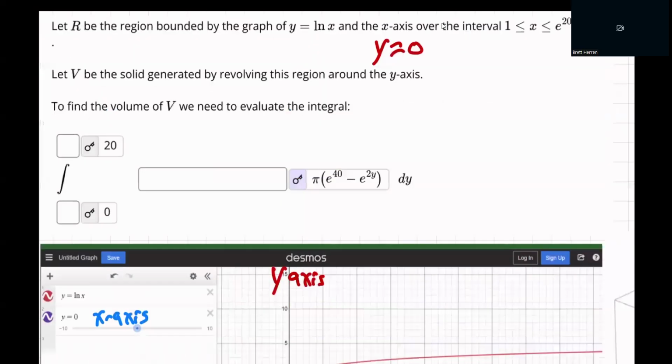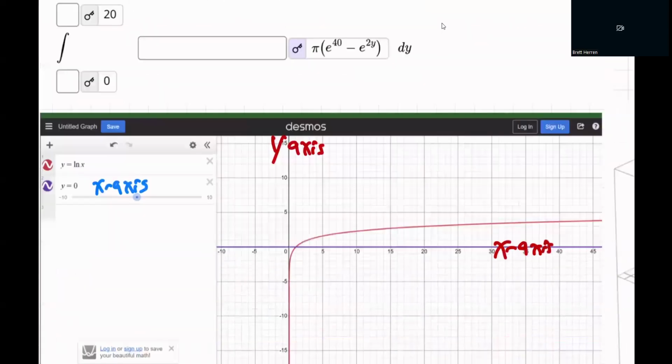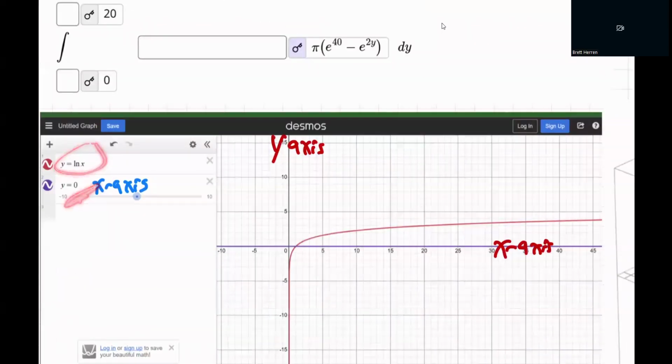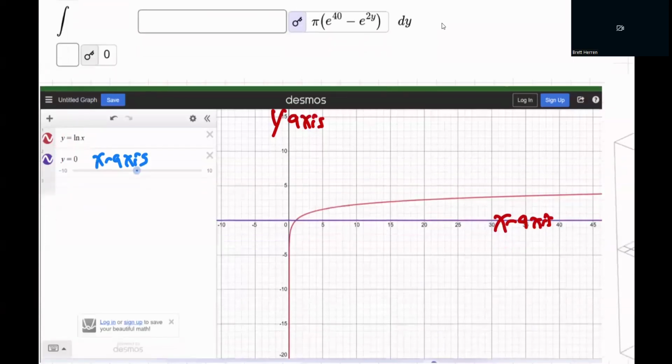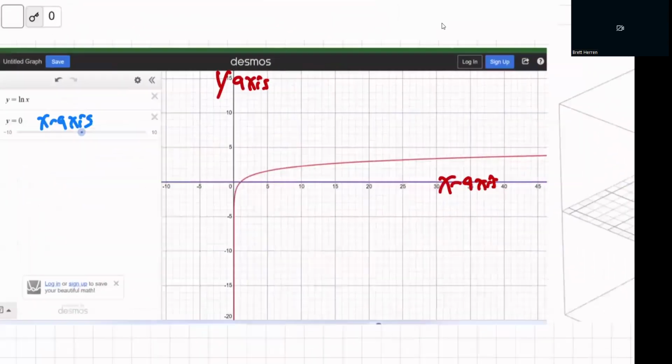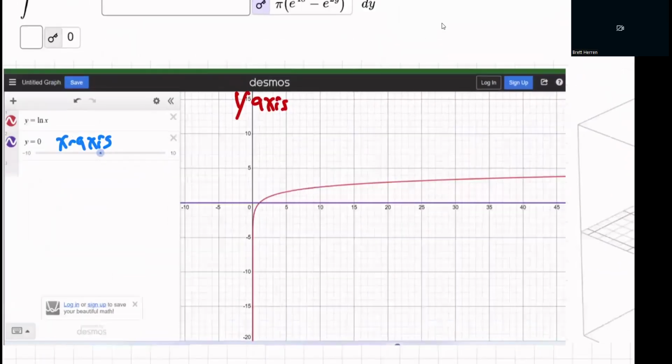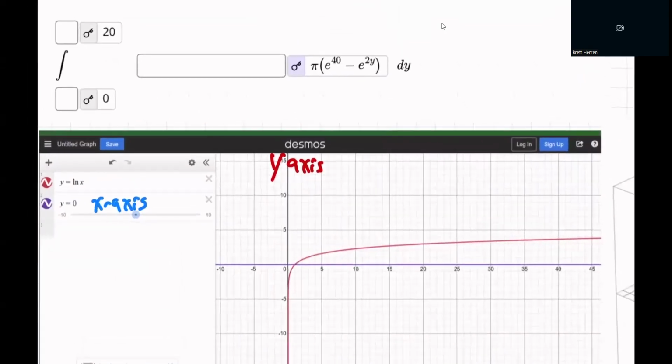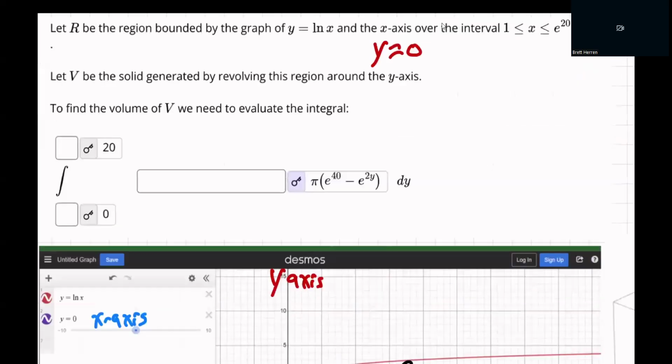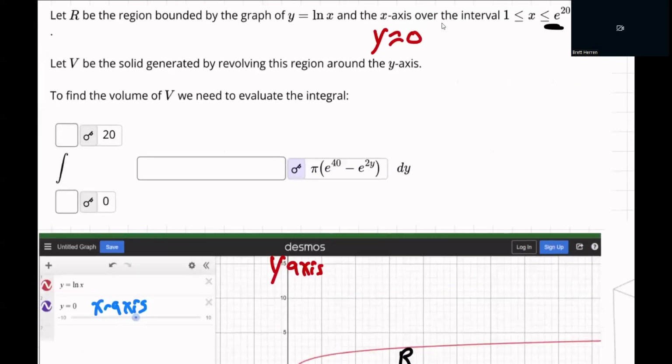So when they said it's between that and the x-axis, I typed in that and y equals 0. All right, so then I got my region. Now the region goes on and on, so I'm going to put a stop to it. This is the region right here, this is the R. Now it goes all the way to e to the 20th.